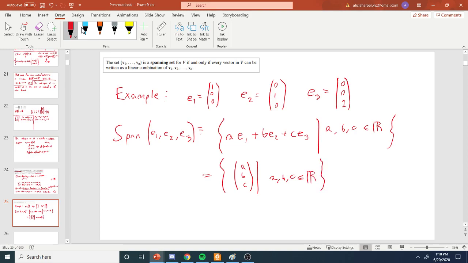But every vector in R3 can be found in the set simply by choosing the components a, b, c appropriately, so this is just R3. So we're able to see that if you have these three vectors, you can express every other vector in R3 in terms of them. That's why we call it a spanning set. So now let's ask some questions.